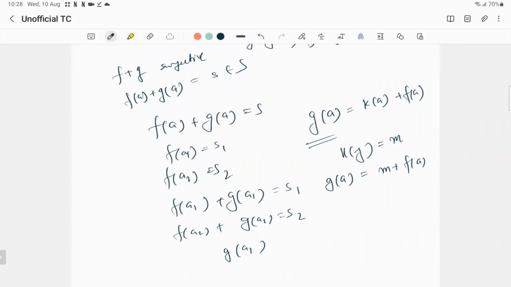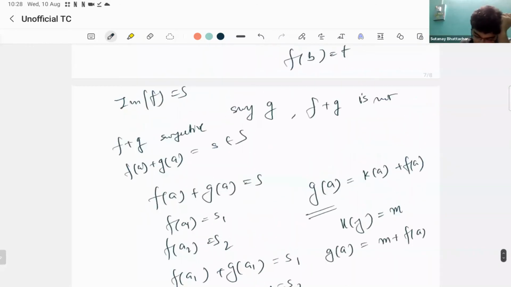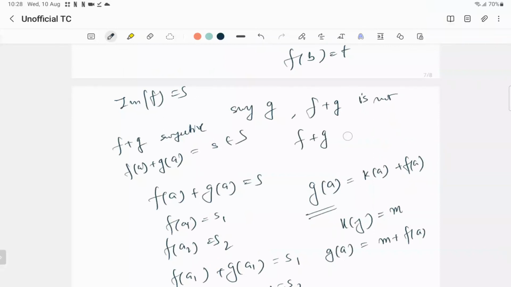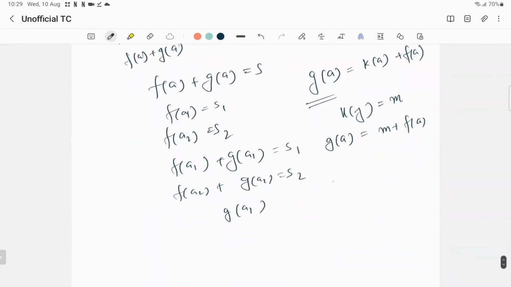But if F plus G is surjective, then we have G plus some values of a set is also surjective. Wait, say that again. If F takes some value from a set S, then G of A plus some value in that S is surjective.